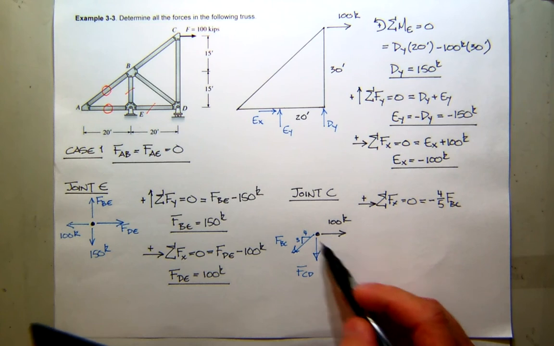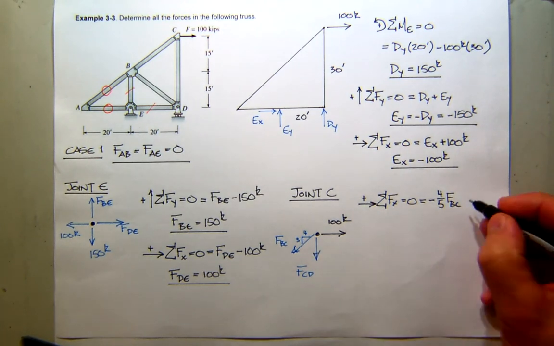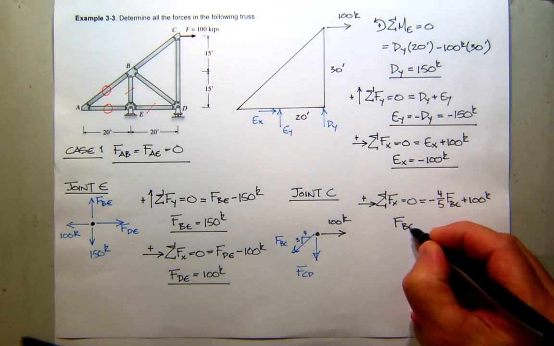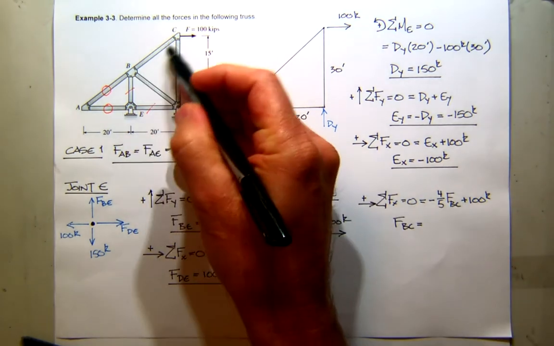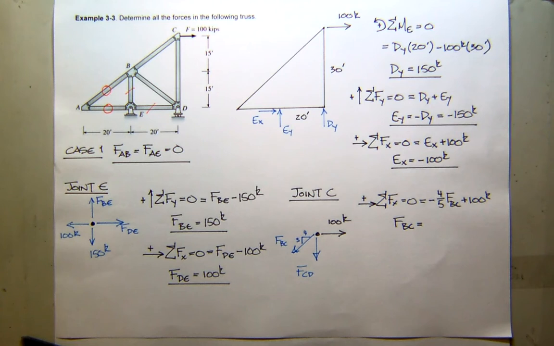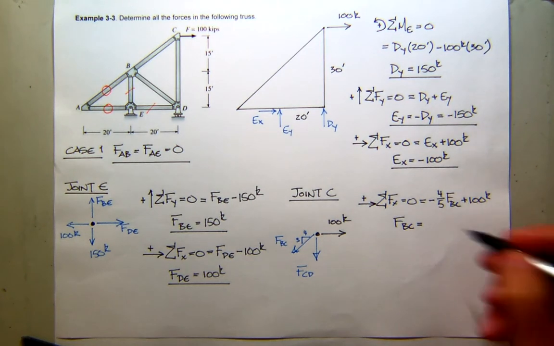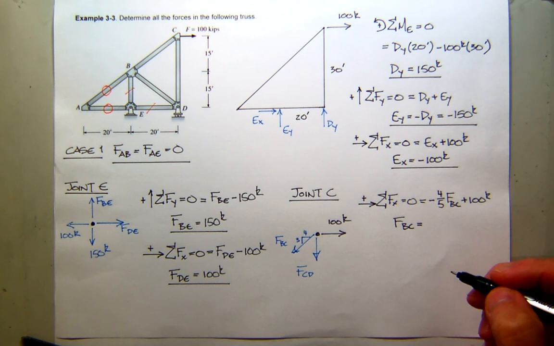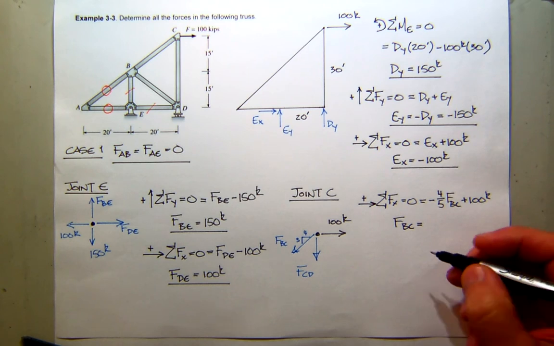And in the x direction, I have the applied force to the right, so that's positive. So it looks like the force in BC is going to be positive. We already talked about that before, being in tension, so that's good. It looks like it's going to be 125. Does that look right? Yes.